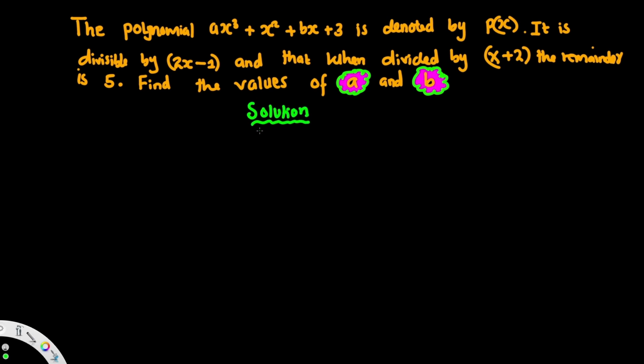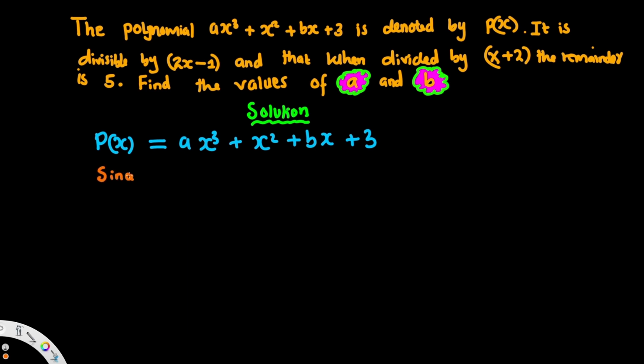Now, in the solution part of it, this is how we're going to go about this particular question. So we're given the polynomial p(x) equals ax cubed plus x squared plus bx plus 3. This is the polynomial p(x) because we are told it's denoted by p(x).